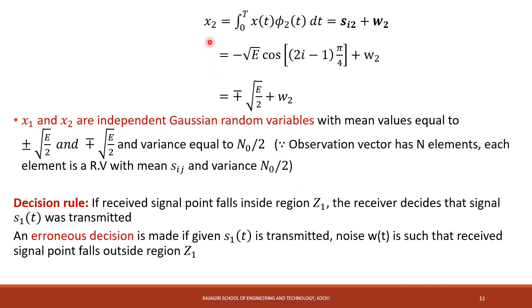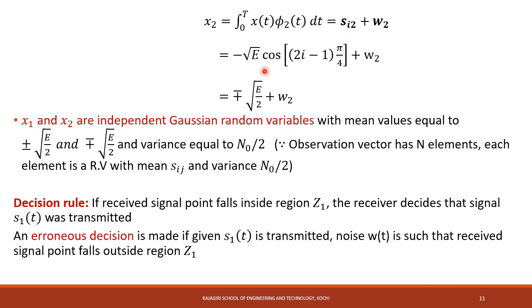Similarly, the second element of the observation vector is the projection of the received signal on the second basis function, and it is defined as x2 equals the integral from 0 to T of x(t) phi2(t) dt. This can be written in terms of the transmitted signal as si2 plus w2, where w2 is the noise component and si2 is the projection of the transmitted signal on the second basis function.